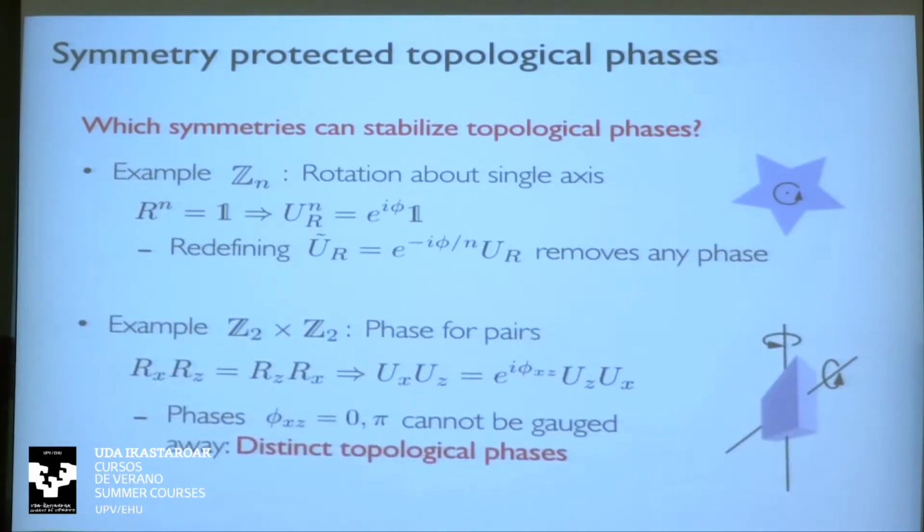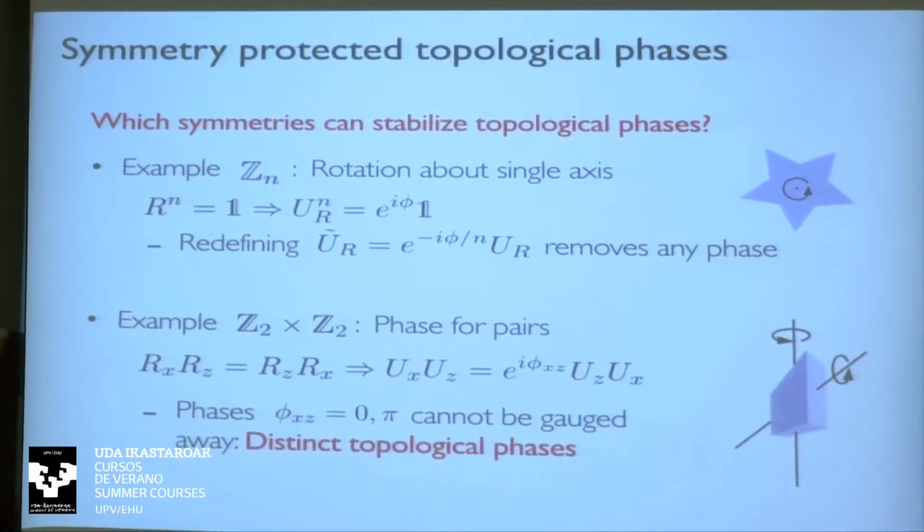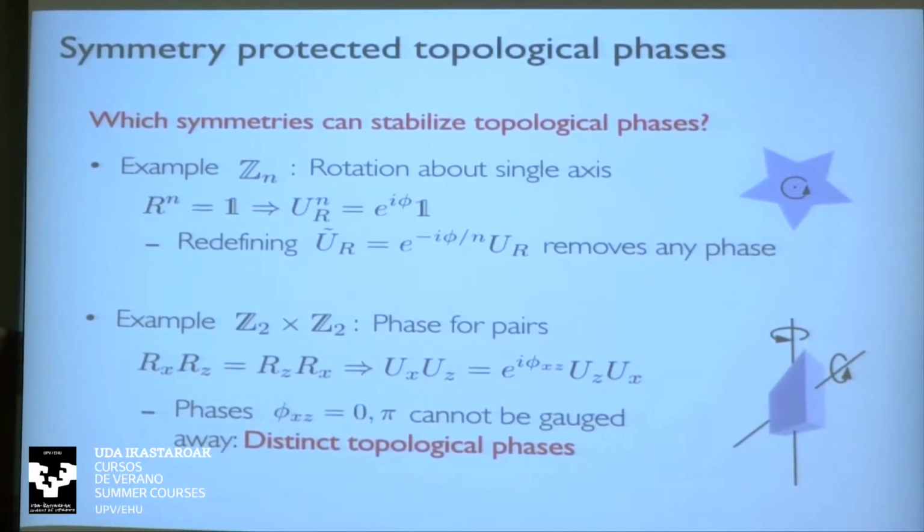So let's go to a slightly more complicated group, which is the group Z2 cross Z2. This would be the symmetry group of some object like that. Basically, we can rotate it about two orthogonal axes. For each of those elements, say Rx and Rz, we can play the same game as here.